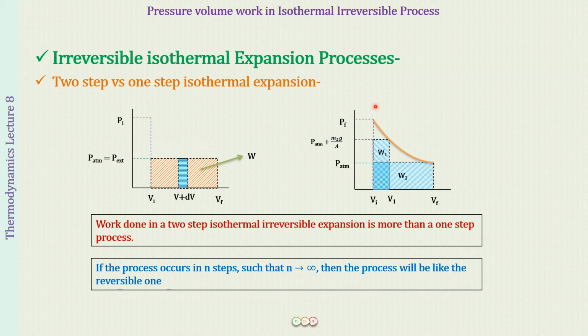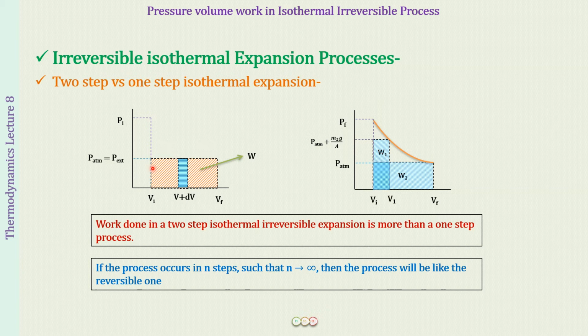We will be breaking the whole process into small little steps, an infinite number of steps, which is what we had for the reversible process also. From that, you can conclude that with the increase in number of steps, the work done increases in an irreversible expansion, so in the reversible expansion, the maximum work will be done. Okay, so this is going to be an important conclusion.